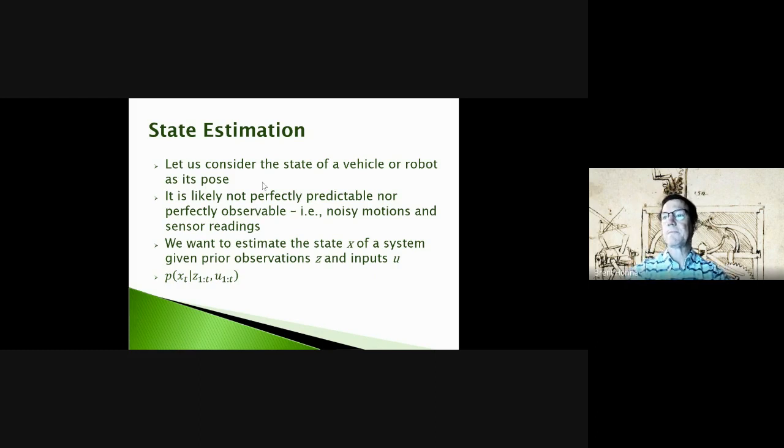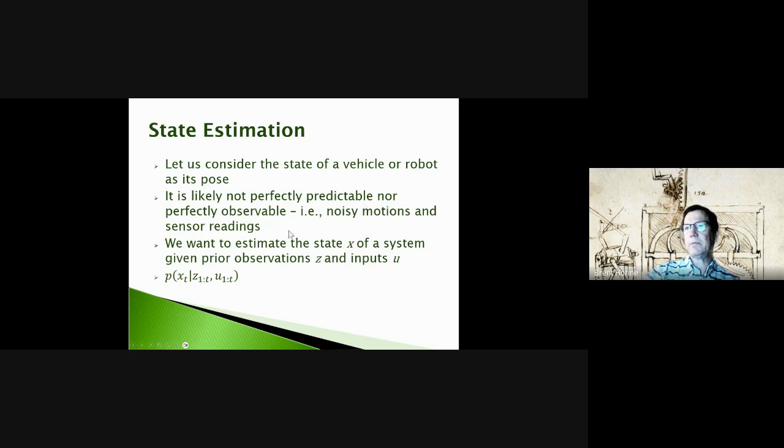So it's not perfectly predictable, nor is it always perfectly observable. We have noisy motions and noisy sensor readings. We're thinking of a vehicle or robot, but this is very generalizable to any system that is not perfectly predictable nor perfectly observable.